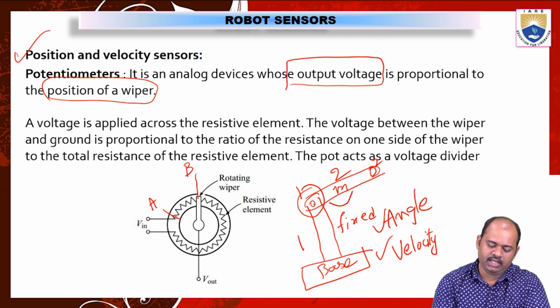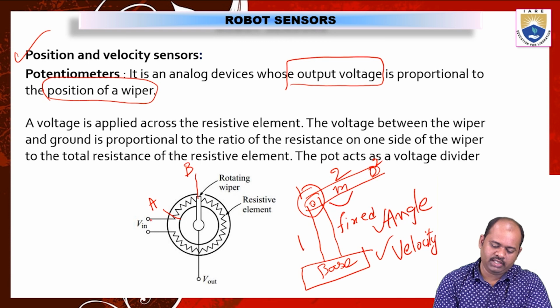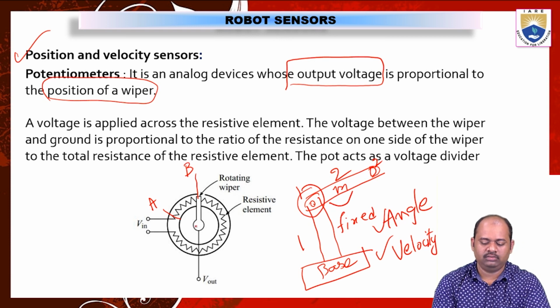Point A indicates full voltage supply. Here we can see the voltage is directly taken to the output of the potentiometer.